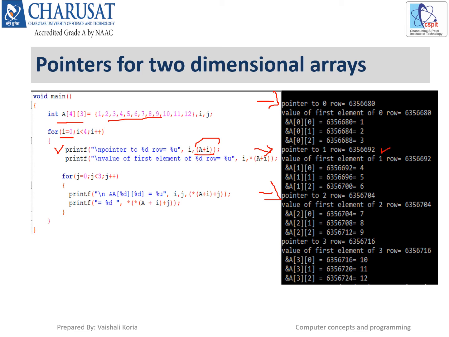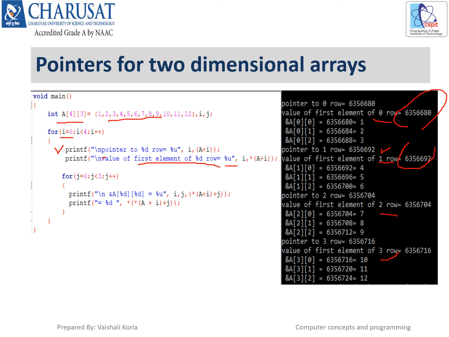Then the next printf statement: the value of the first element of the %d row is %u. So here the value of the first element of the 0 row, then 1 row, 2 row and 3 row, but here also you can see the address is printed, not the value.